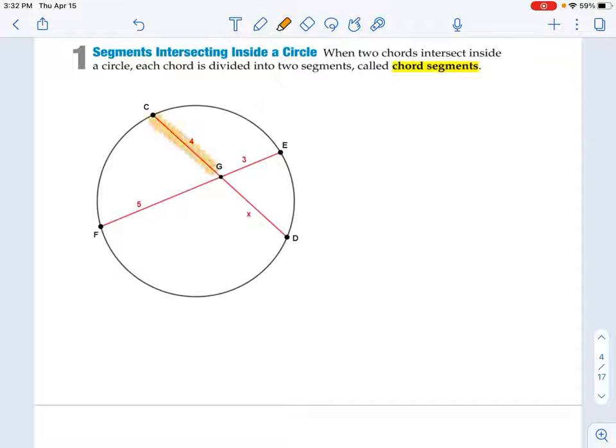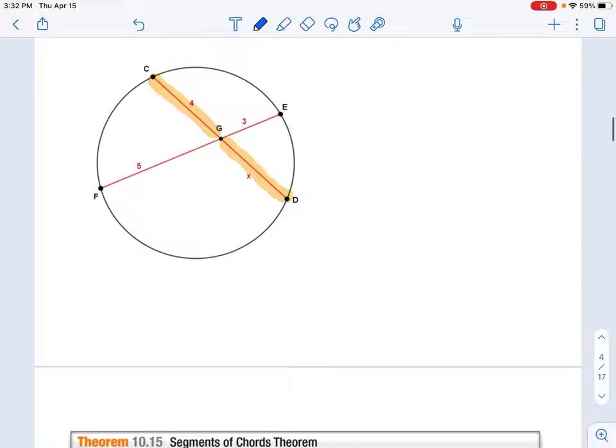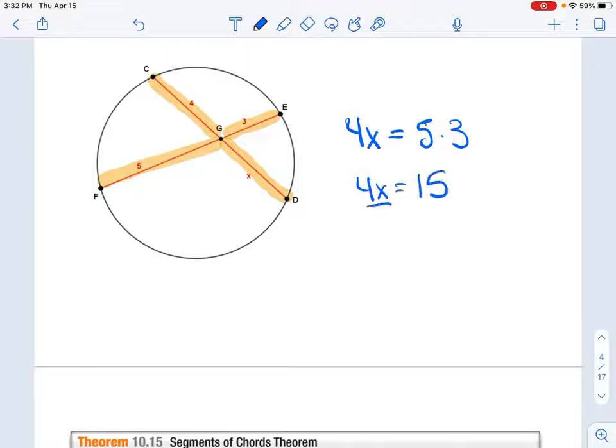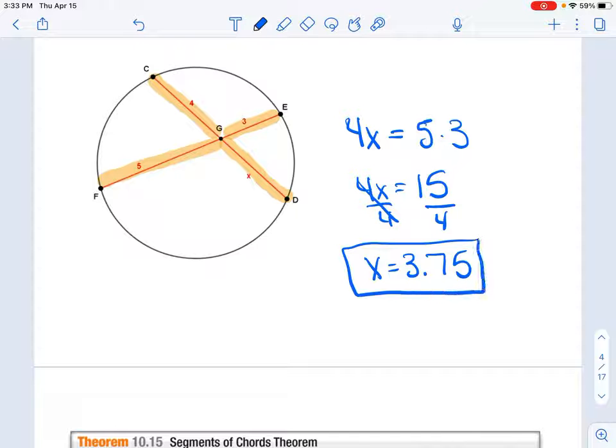We can take 4 times X, and that will equal 5 times 3. So when you solve for X, you will find the length of that segment. So x is equal to 3.75.